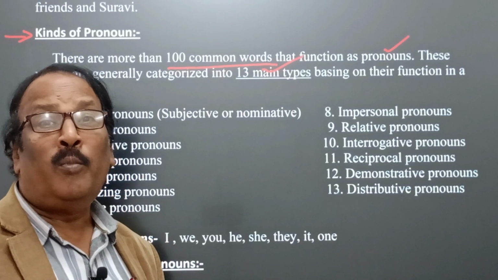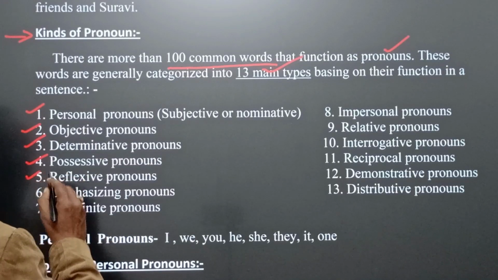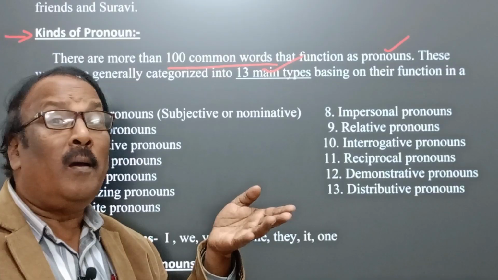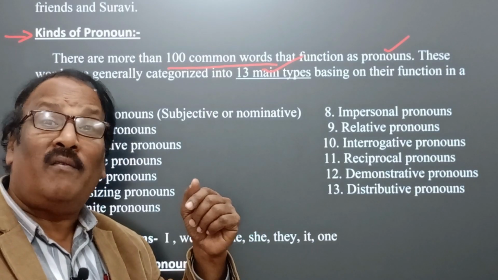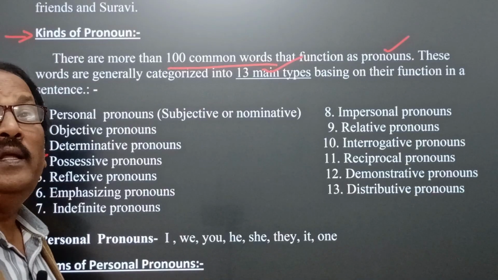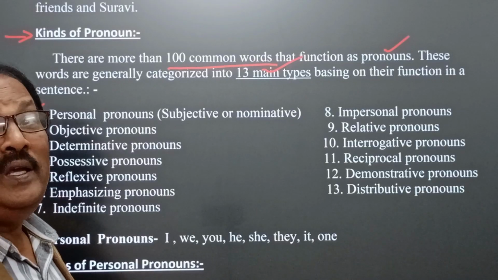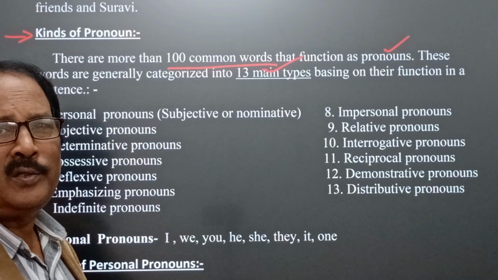These are possessive pronouns. Next, number 5, reflexive pronouns: myself, yourself, yourselves, ourselves, herself, himself, themselves. They reflect back to the nouns in expressing their actions.